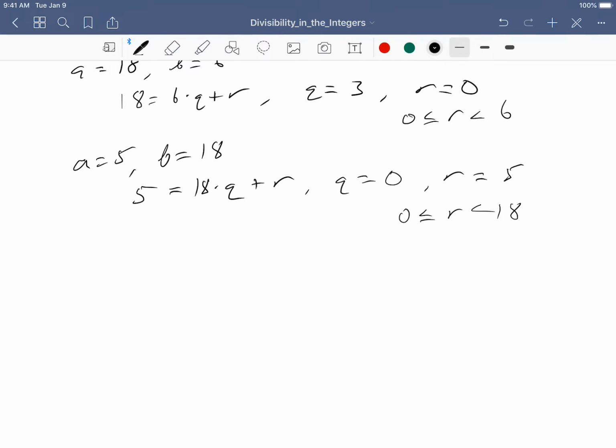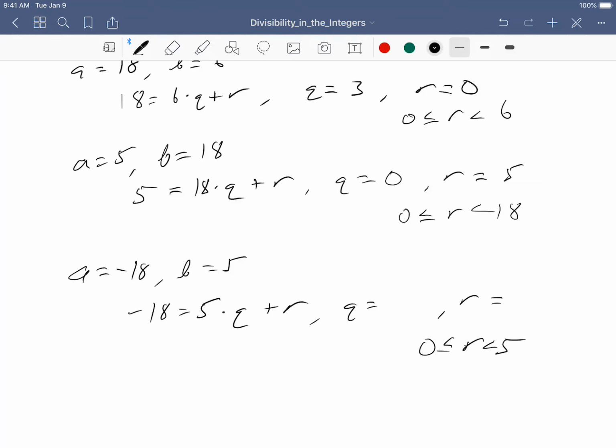All right, let's do another example to show that it doesn't matter if we have positives or negatives either, although things can be a little bit strange in this realm too. If we use a as negative 18 and b is 5, again our equation is a, which is negative 18, is b, which is 5, times q plus r. We need to figure out q and r, and our r has to be between 0 and 5.